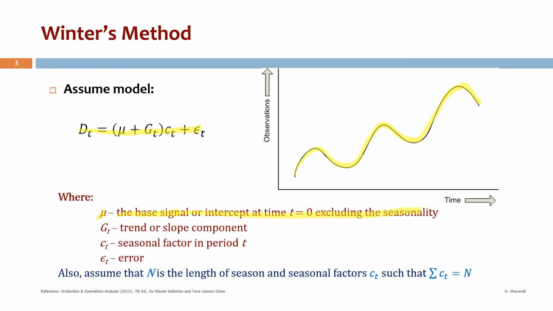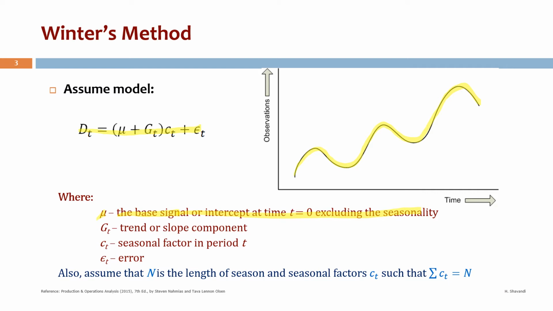Here, like the general procedure that we had in the previous part, at first we need to deseasonalize the time series and then apply Winter's method. And at the end, we'll include the seasonal factors as well.